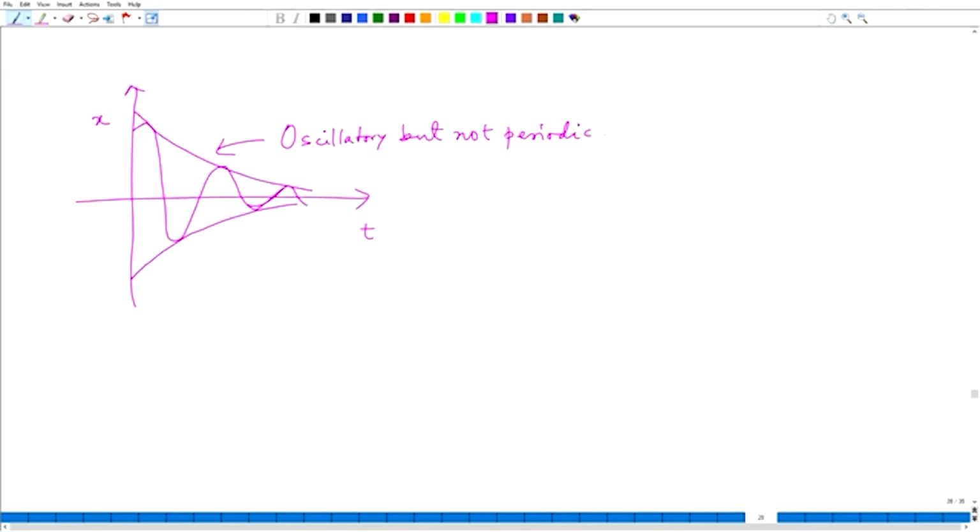This is known as the case of the underdamped oscillator. This is possible when lambda is less than omega 0. That means your medium has some viscosity, but the viscosity related frequency is less than the natural frequency. Then you still always have a possibility of oscillation, but this oscillation is not periodic.